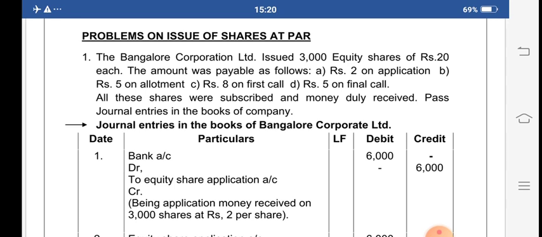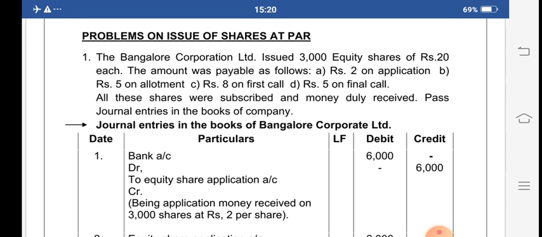Now pass the journal entries related to this rupees 2 on application. Rupees 2 on application means what? How many shares are there? 3000 shares, so 3000 into 2 rupees is 6000. Now pass the journal entry: Bank account debit rupees 6000, to equity share application account credit rupees 6000.